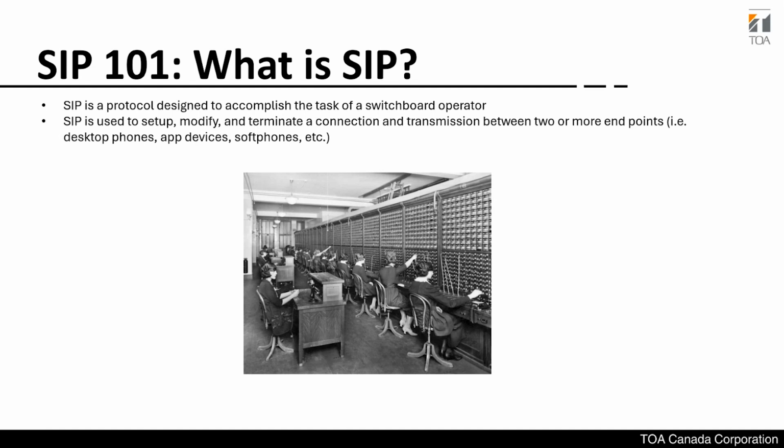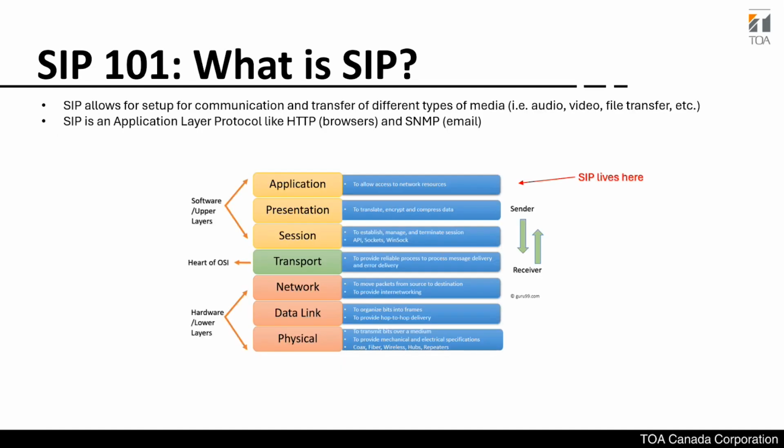Soft phones means software running on a device. SIP allows setting up communication and transfer of different types of media: audio, video, and file transfer. Don't be confused, because the Session Initiation Protocol does not work at the session layer of the OSI model, but at the application layer. It is similar to HTTP and SNMP protocols. It is a text-based protocol running at the application level, not the session level.